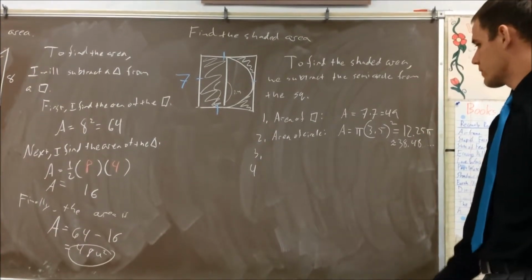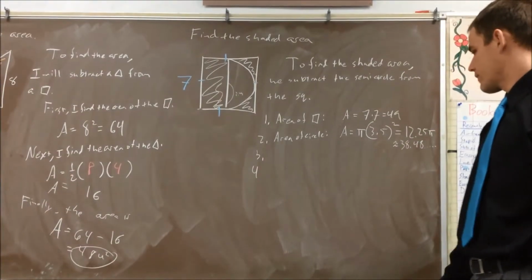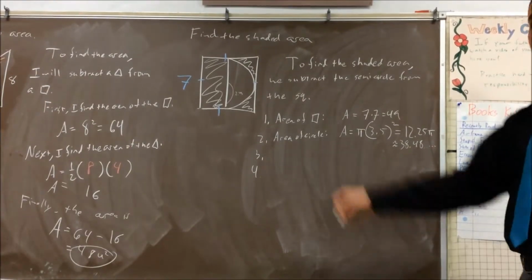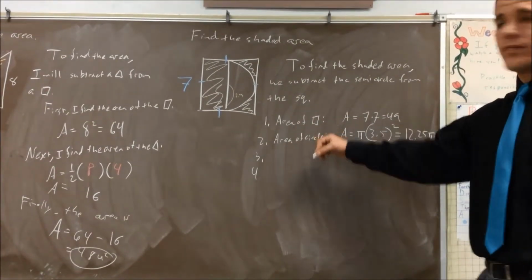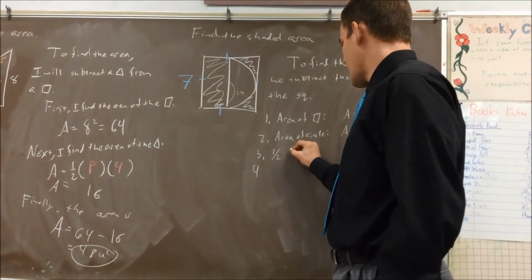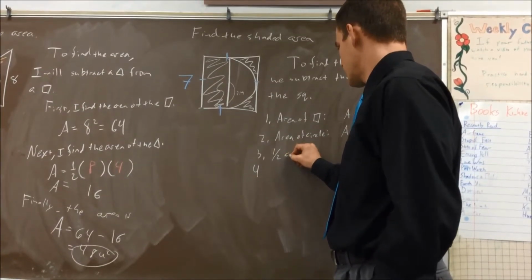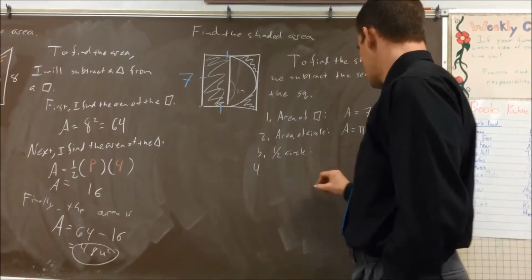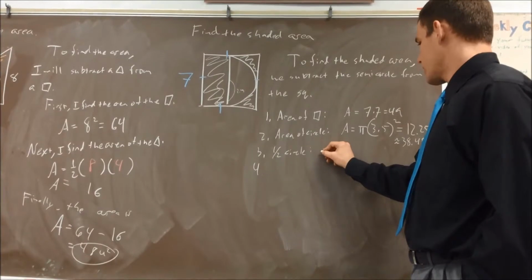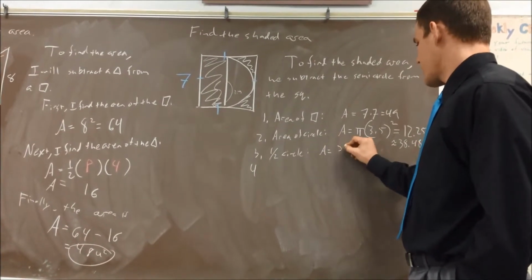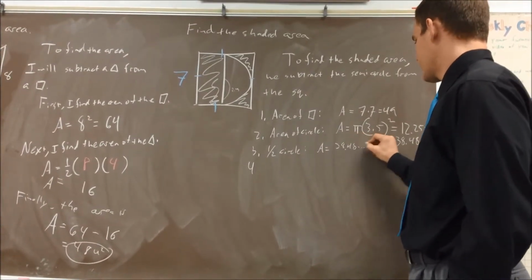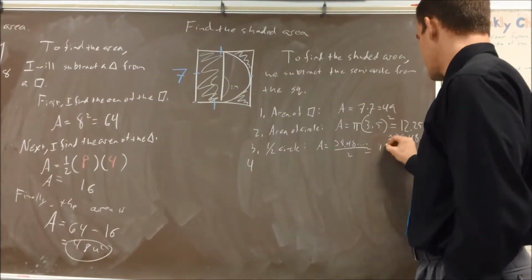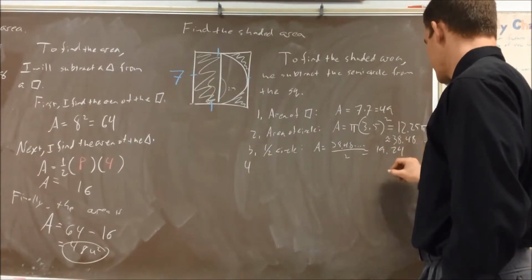And it goes on, of course. But do we want a whole circle? No. So I'm going to put half circle. And so the area of that's going to be 38.48 divided by 2, so 19.24.